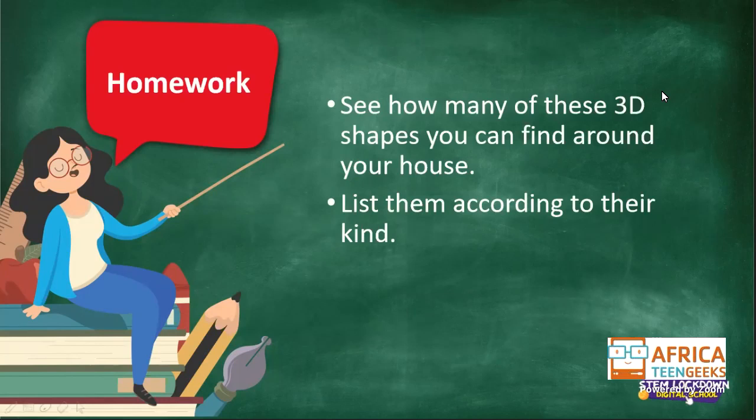What do you think? So all these things, a tablet will be a very thin rectangular prism. So see how many of these things you can list according to their kind. Tell me cone and then list all the cones, and rectangular prisms and list them. Cubes, list them. Spheres, list them.